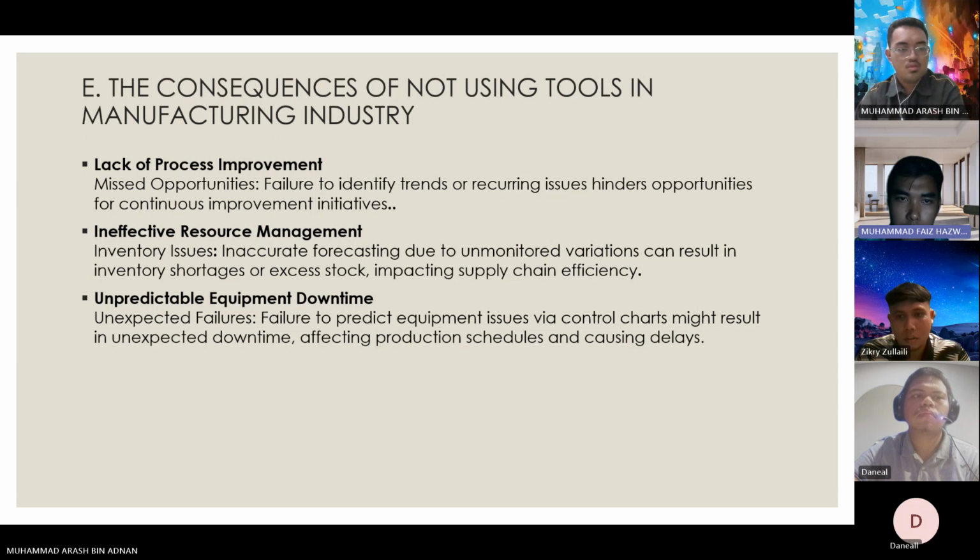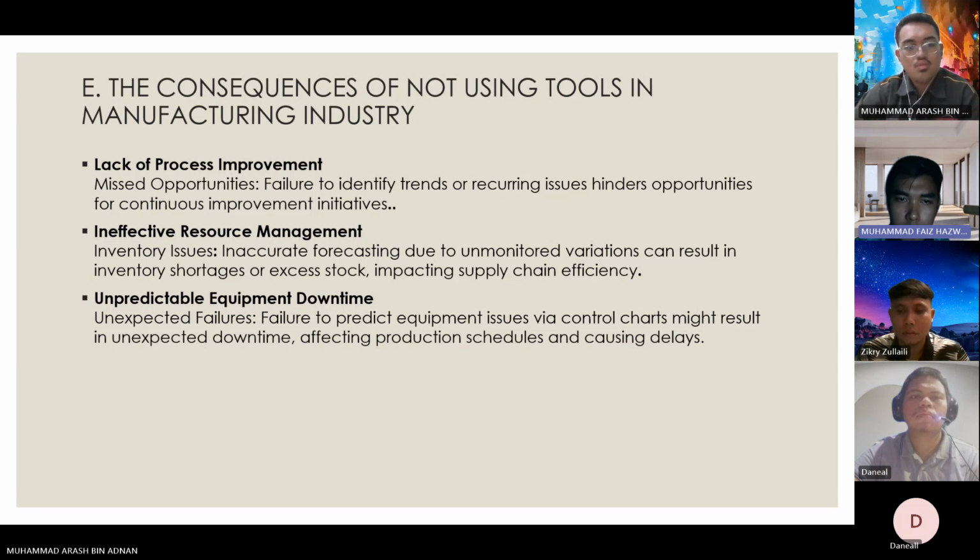Next is the consequences of not using these tools in manufacturing industries. First, lack of process improvement. Missed opportunities: failure to identify trends or recurring issues hides opportunities for continuous improvement initiatives. Second, ineffective resource management.